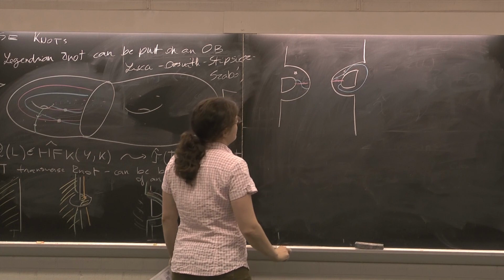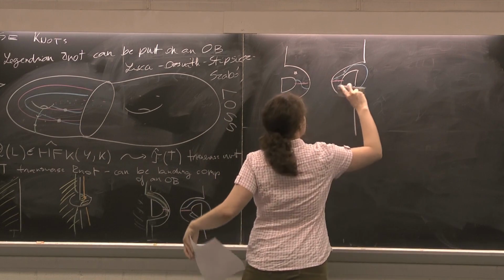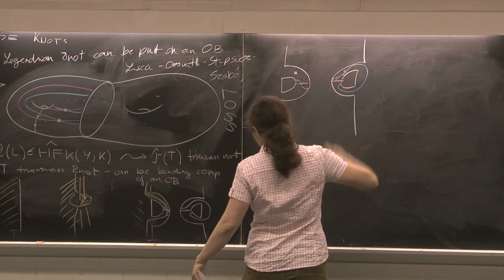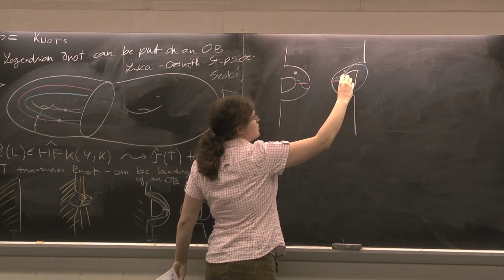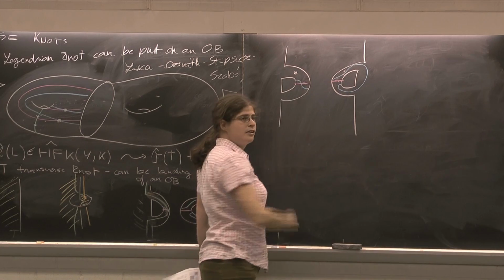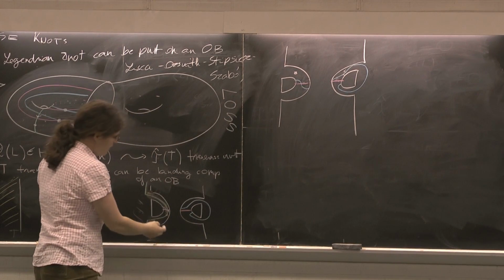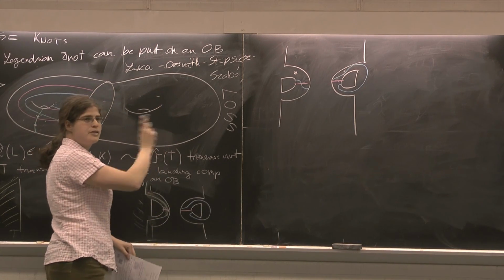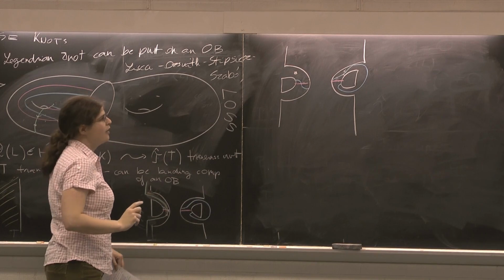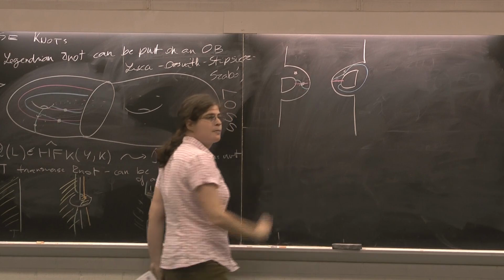Okay, that's not right. That is the same picture. And then when you take this element, it's in the same place as here. So meaning that these two diagrams on the nose describe the same Heegaard diagram. And the element is exactly the same in the exact same Heegaard diagram.